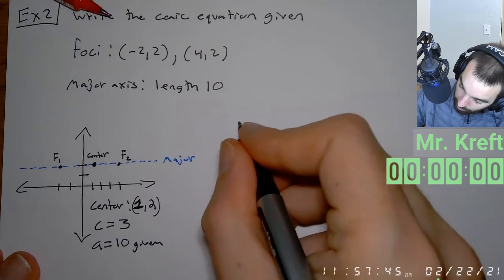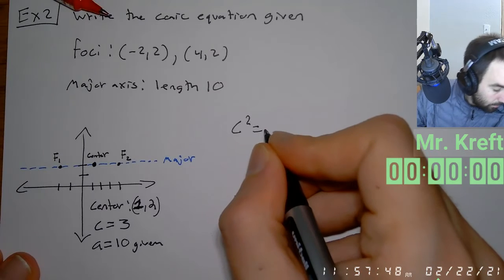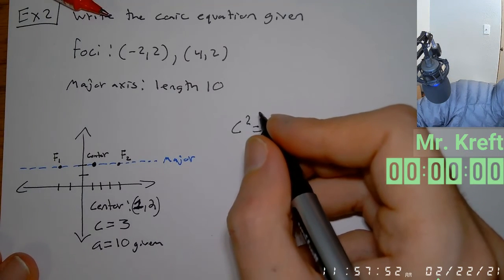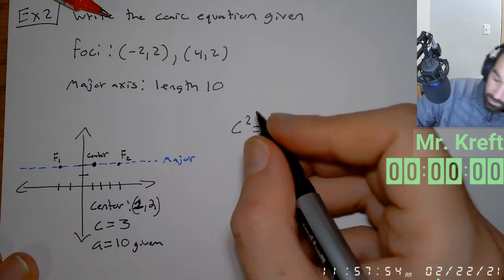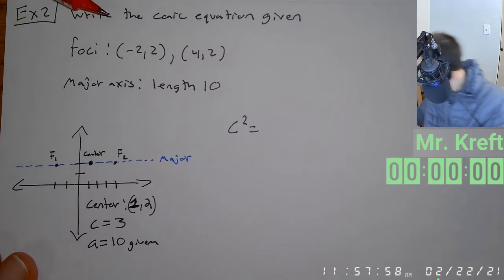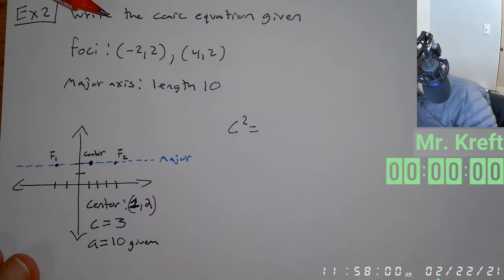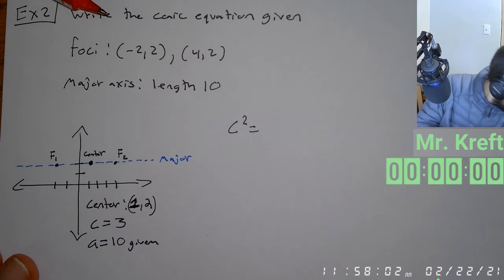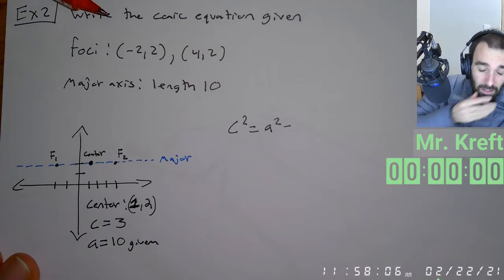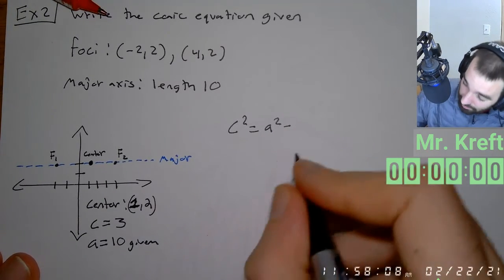Okay, so we're going to find B now. So I know C squared equals, I think it's A squared minus, how did I write it? All right, C squared equals A squared minus B squared. You can tell I have this super memorized.